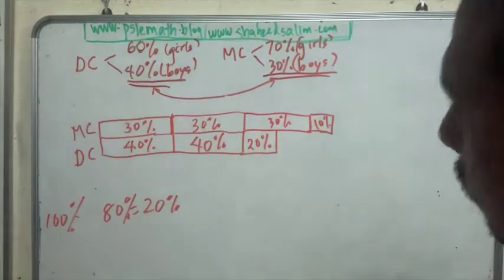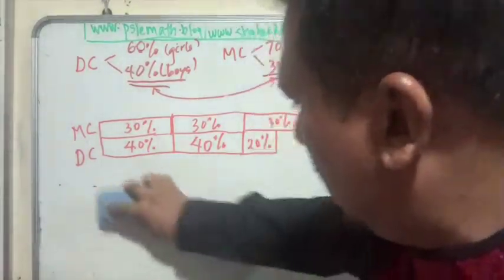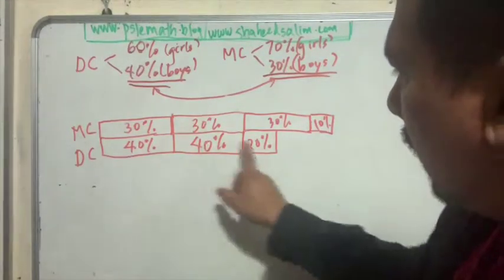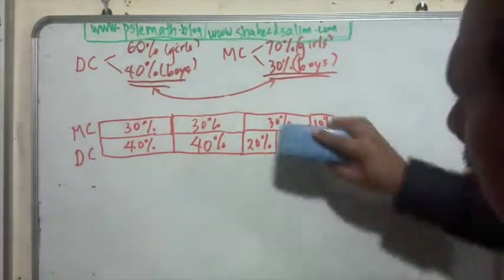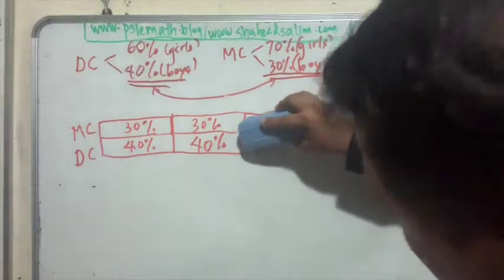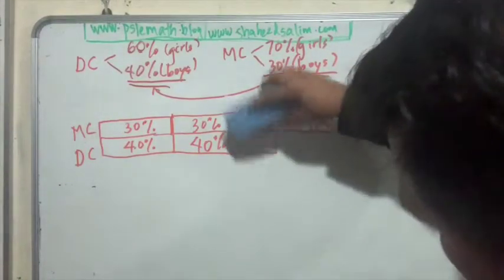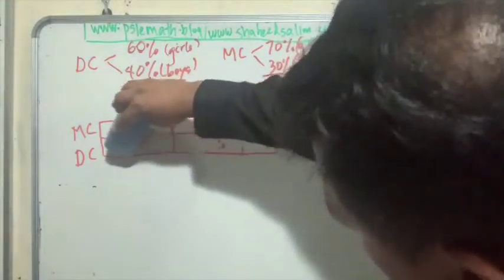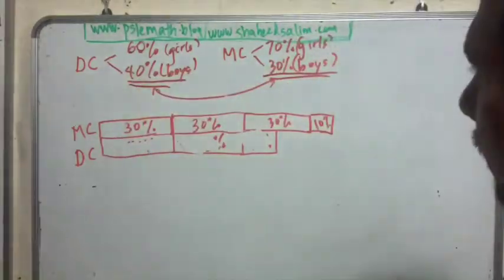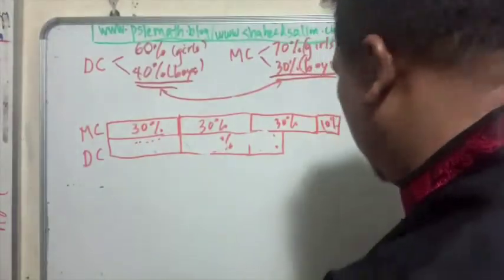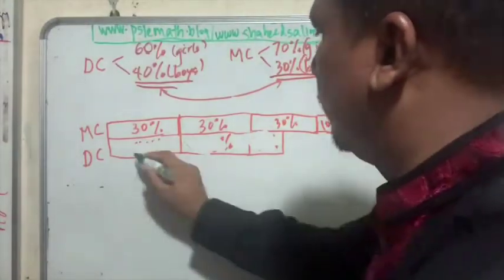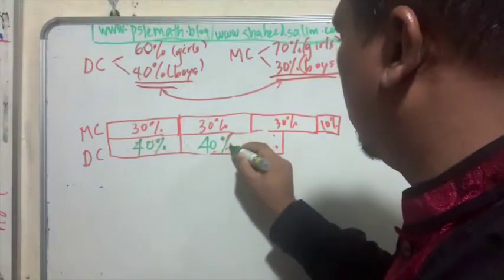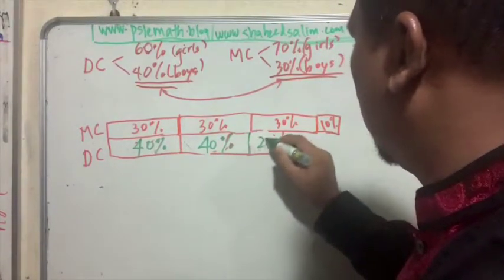Now, to help you differentiate between the percentages, I'm going to use one in red and the other in green. Green is 40%, 40%, and 20%.